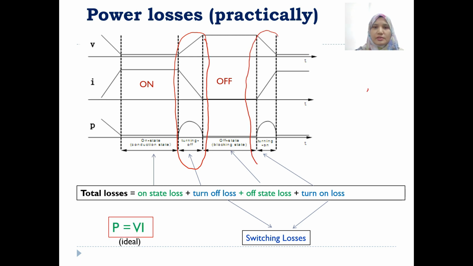This is the transition between the on state and off state. For a practical switch, we need to consider both conduction losses and switching losses. So the total losses will be on-state loss plus turn-off loss plus off-state loss plus turn-on loss.